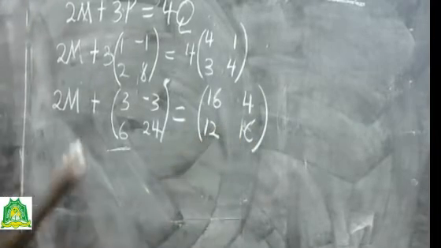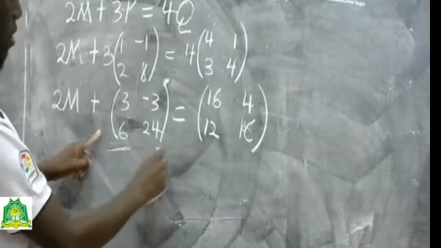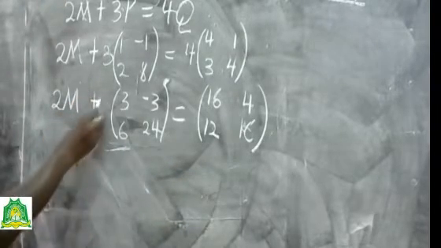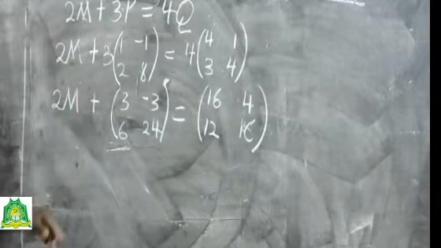My matrix M that I want is on this other side of the equation. So I'm going to take this matrix to the other side. When it crosses the equal sign, you need to know that the positive is going to change to a negative.